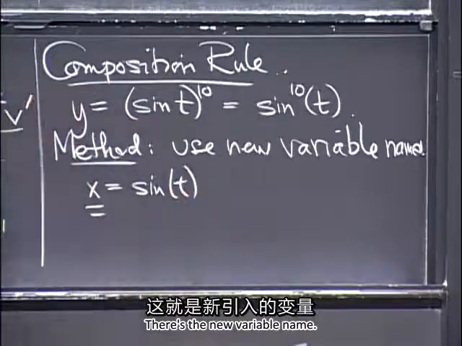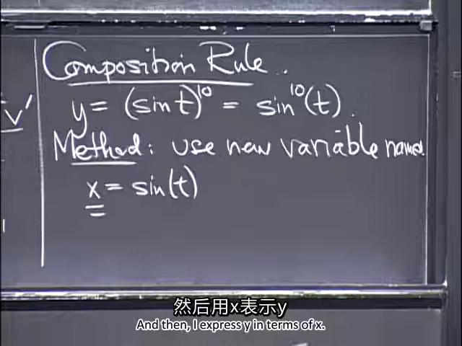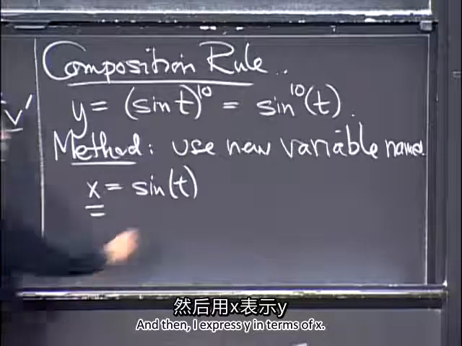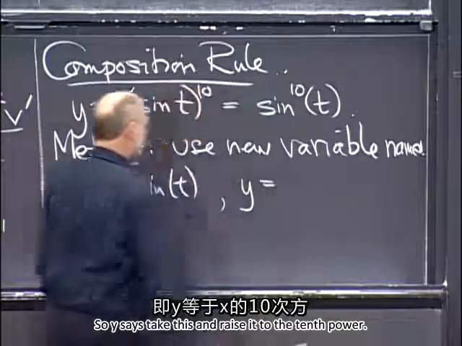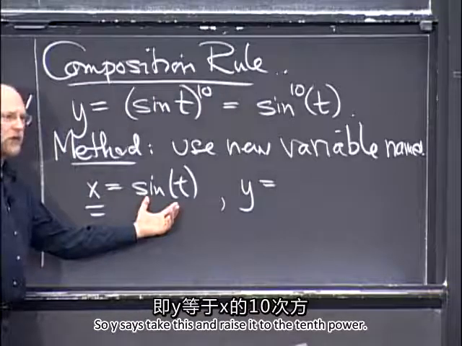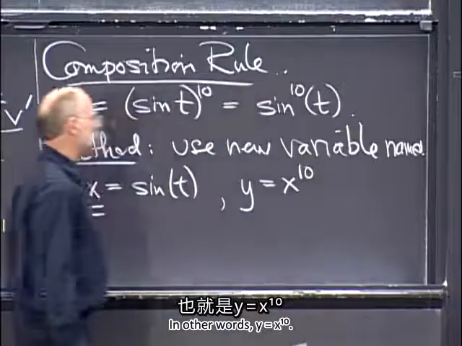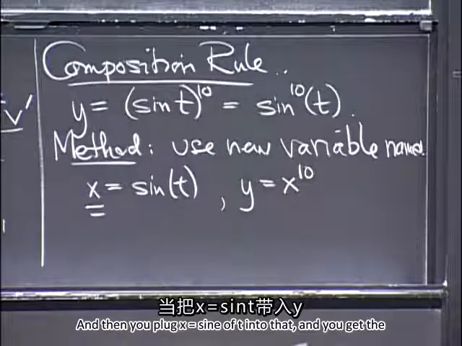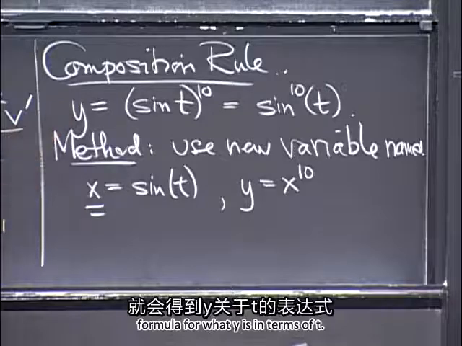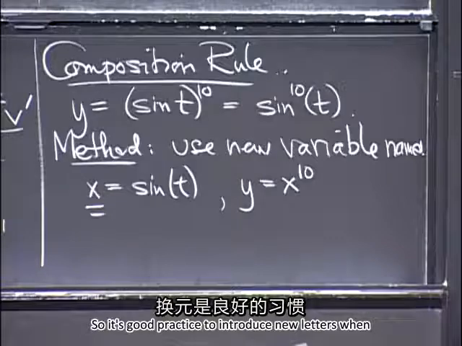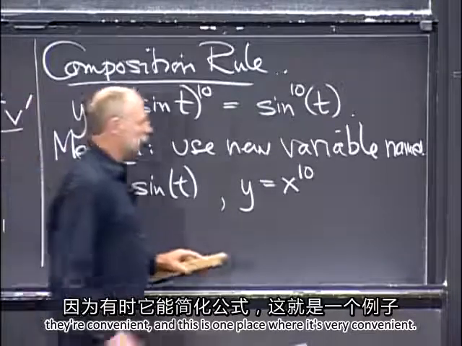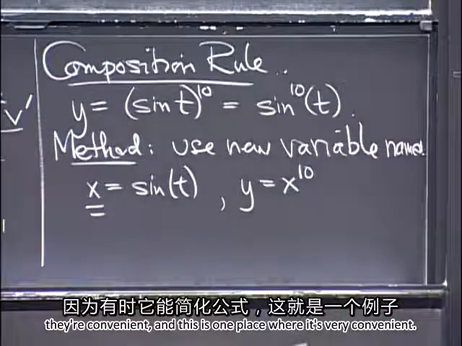There's the new variable name. And then I express y in terms of x. So y says take this and raise it to the 10th power. In other words, y is the function x to the 10th power. And then you plug x equals sine of t into that, and you get the formula for what y is in terms of t. So it's good practice to introduce new letters when they're convenient, and this is one place where it's very convenient.